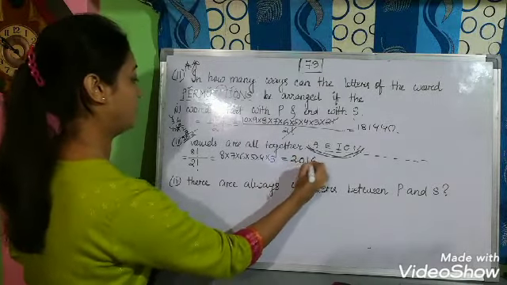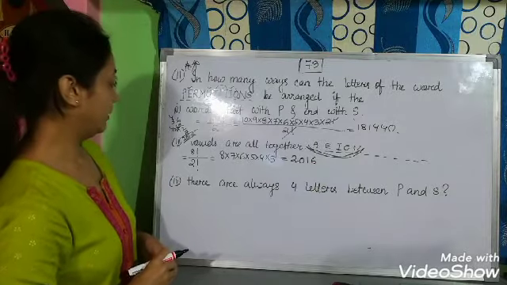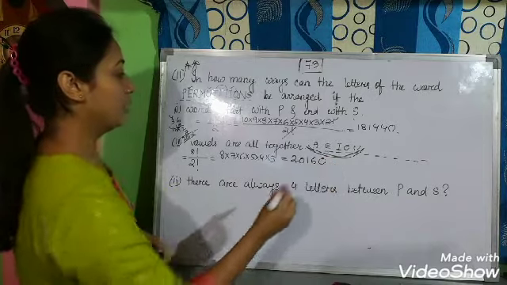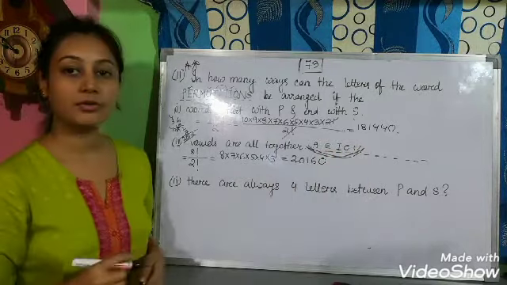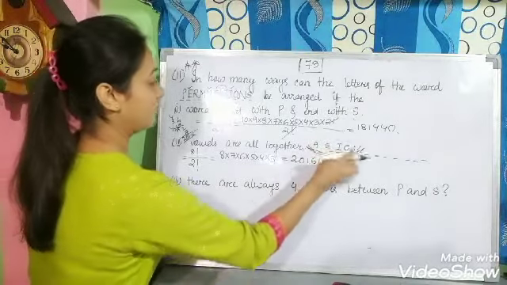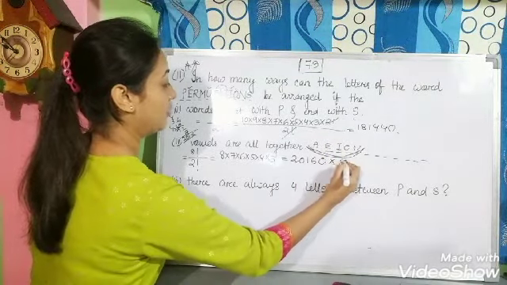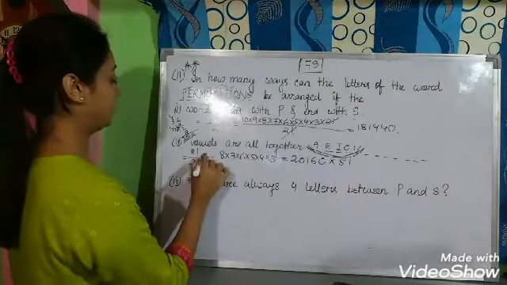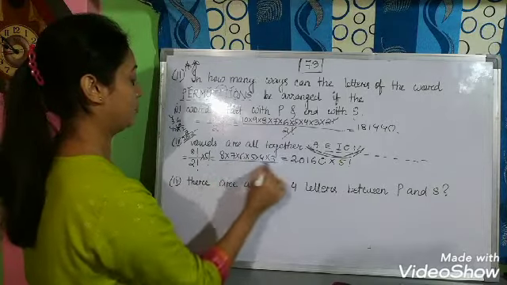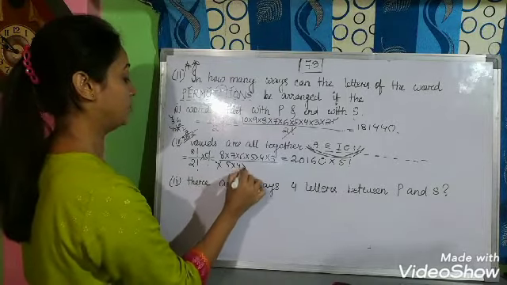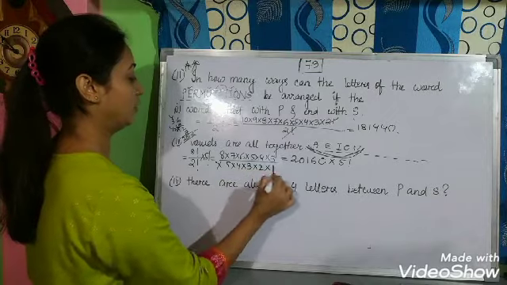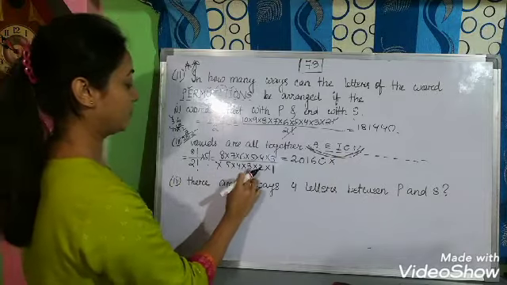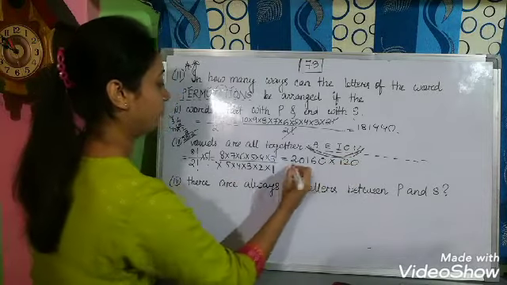20160. Now another thing you see, among these 5 letters also arrangement can be done. So 5 letters can be arranged among themselves in how many ways? 5 factorial ways. So this whole thing into 5 factorial, into 5 into 4 into 3 into 2 into 1, which is equal to 120.